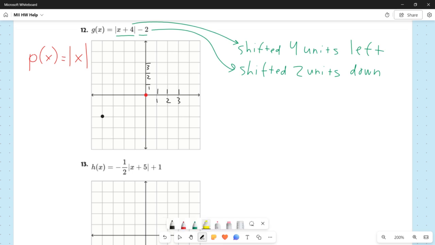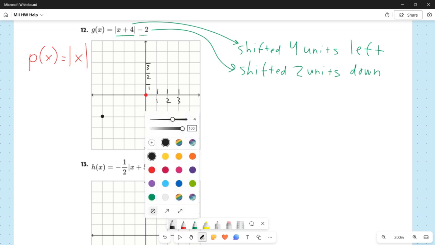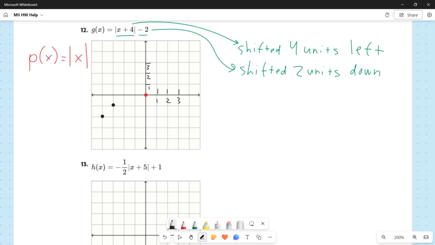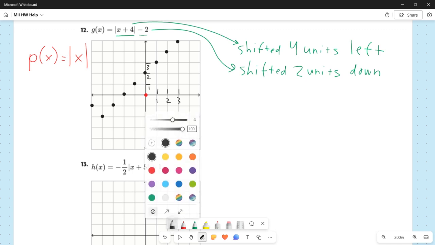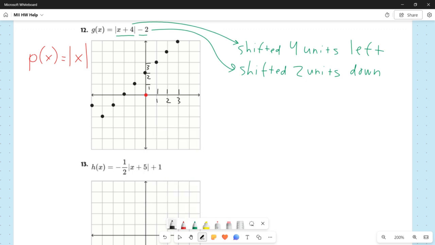So what that means is our graph from the vertex, we're going to go up 1 over 1, up 1 over 1, up 1 over 1, just like that. And on the left, we don't have a lot of space, but we can still go up 1 over 1 like that. We'll have a kind of skewed V here. So I just need to connect my points here.